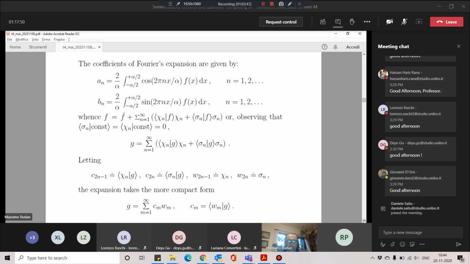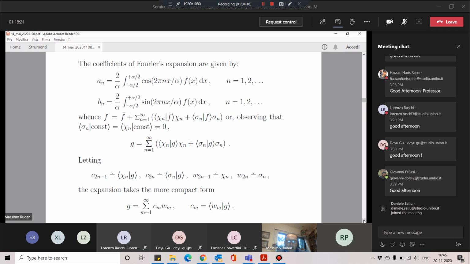And similarly, bn is 2 over alpha times the integral of sine times f. But those are scalar products. Okay? Sine and cosine are real functions, so it doesn't really matter to consider the conjugate because they are real, so they are placed on the left.